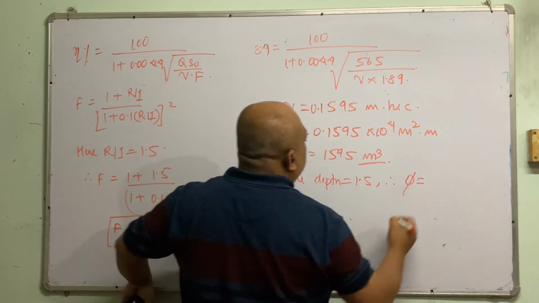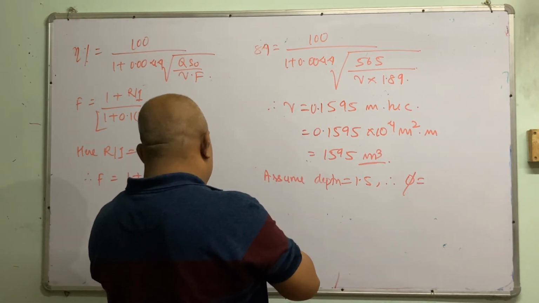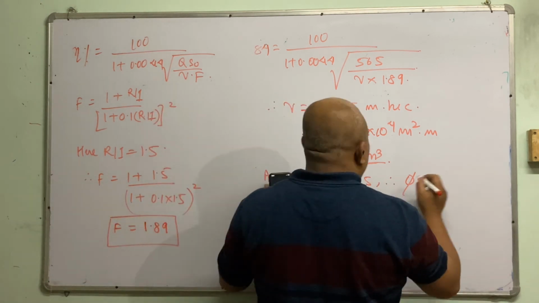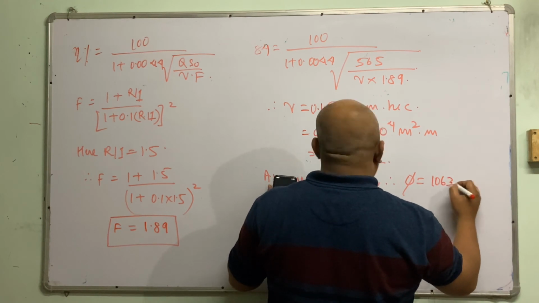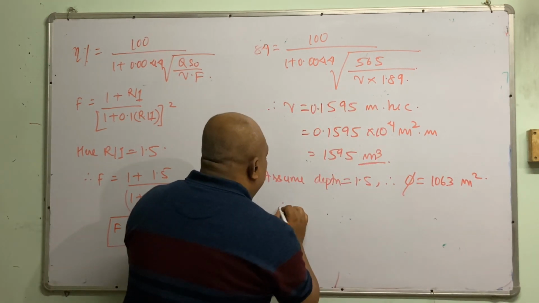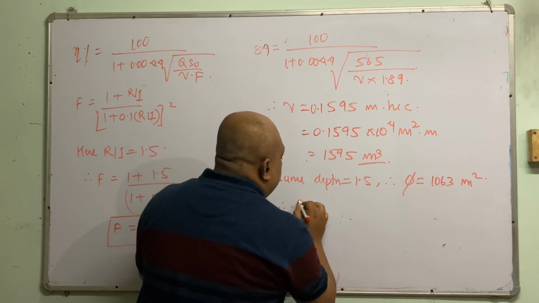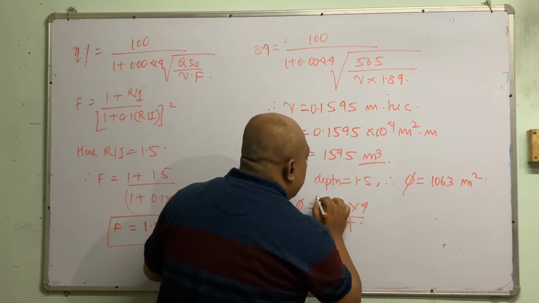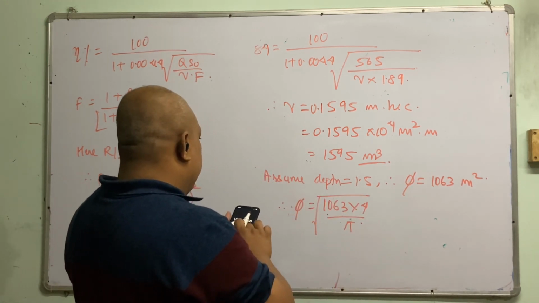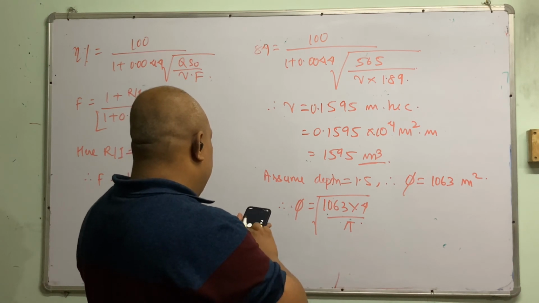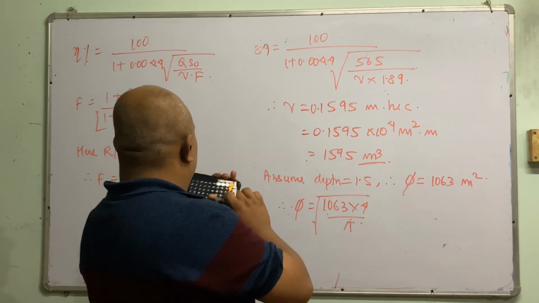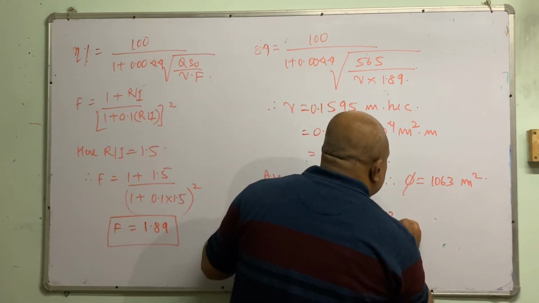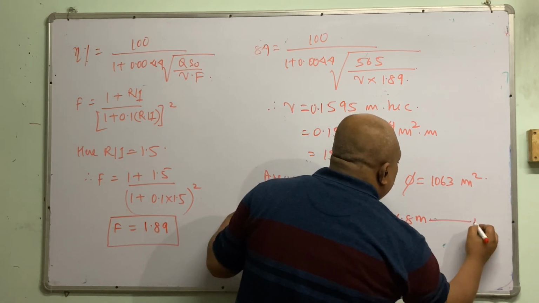Therefore, diameter is equal to root over 1063 into 4 divided by pi. Correct? That is 36.8 meter, number 2.